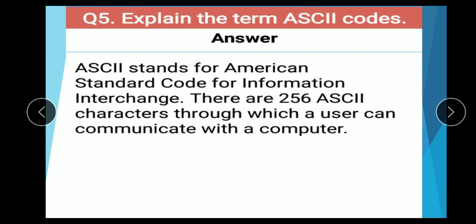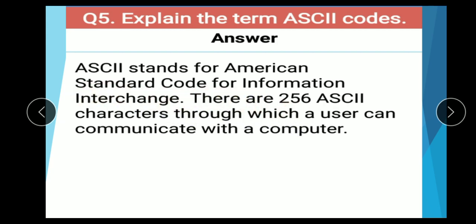Question number 5. Explain the term ASCII codes. ASCII stands for American Standard Code for Information Interchange. Means A for American, S for Standard, C for Code, I for Information, and the second I for Interchange.